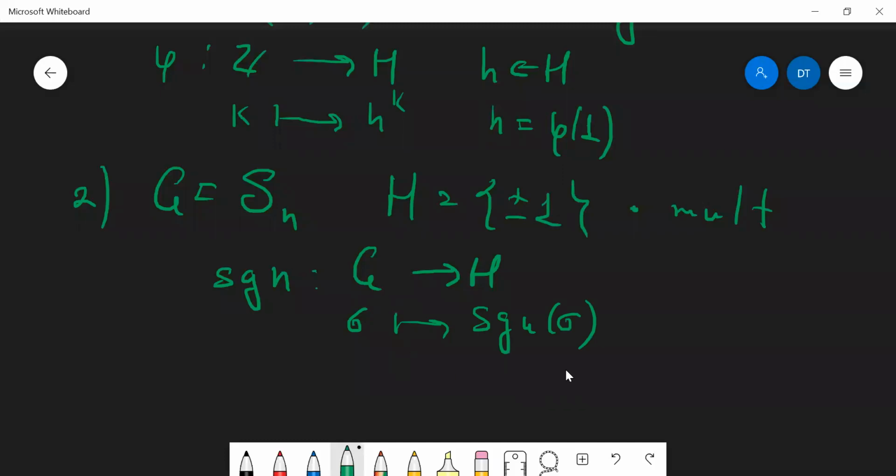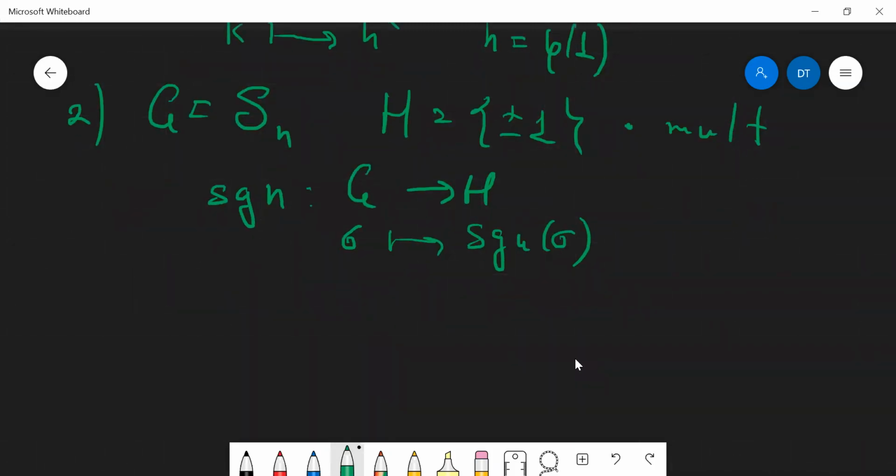And we know that the sign of a product of permutations equals the product of signs. So this means that this map is a homomorphism.